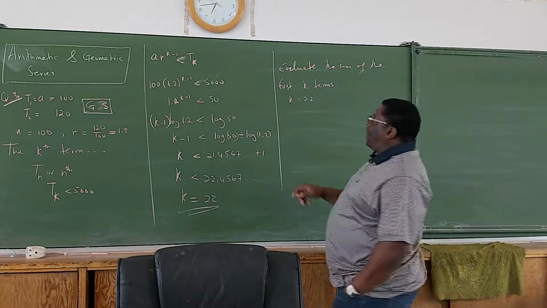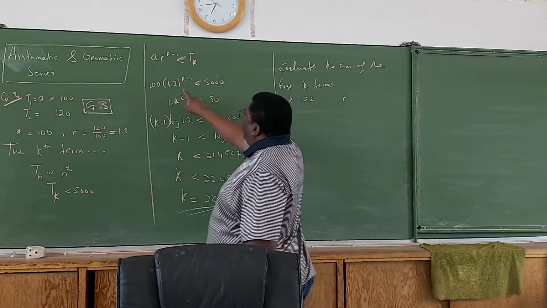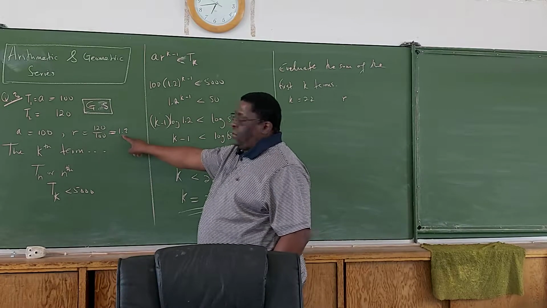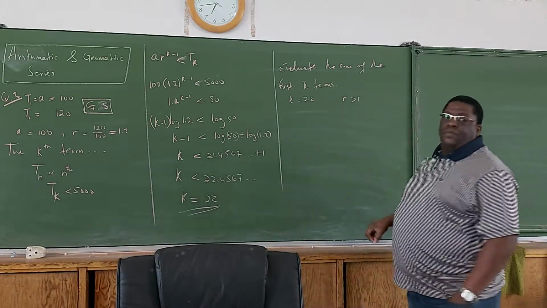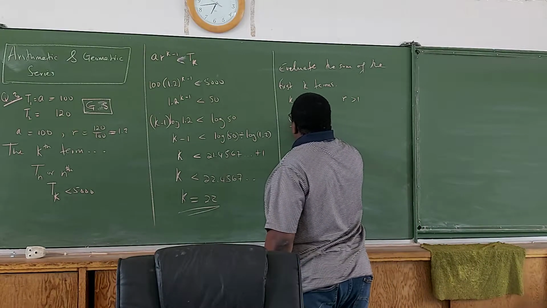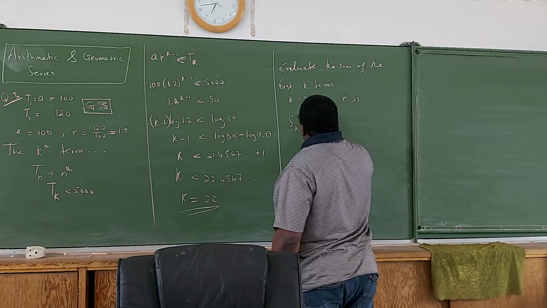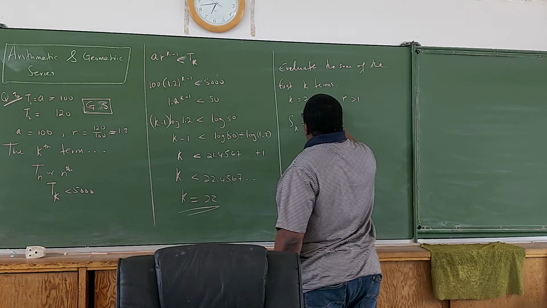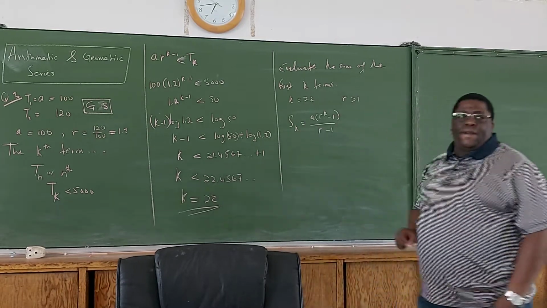So now it's a sum, and our r is greater than 1, so we are going to use the formula for r greater than 1. Which formula is that? S sub k will be a in bracket, r raised to the k, minus 1, over r minus 1.